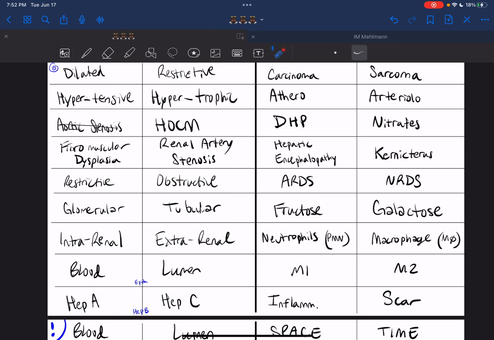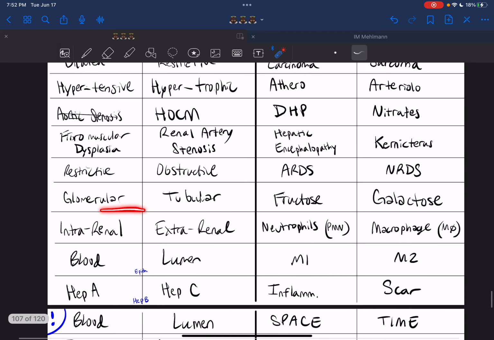So the two parts of the nephron, the two types of intrarenal diseases in the kidney, in the nephron. Then you have intrarenal versus extrarenal. It's either a kidney problem inside the kidney or it's not inside the kidney. It's just one of the tubes that surrounds the kidney.